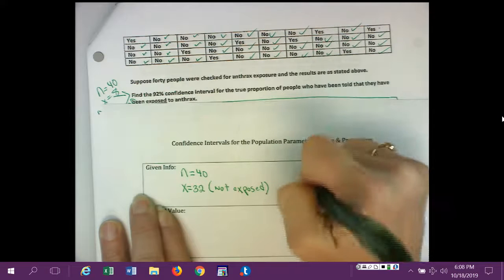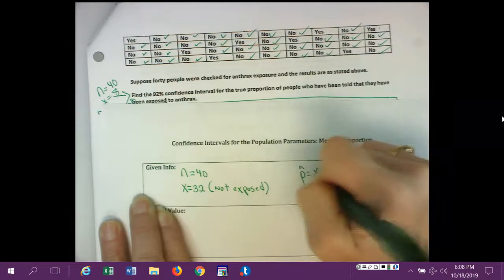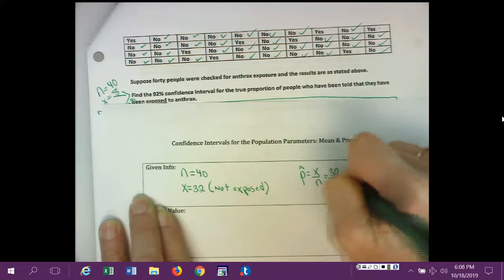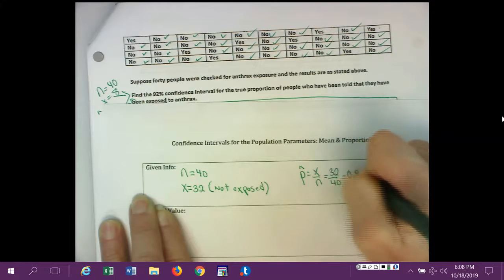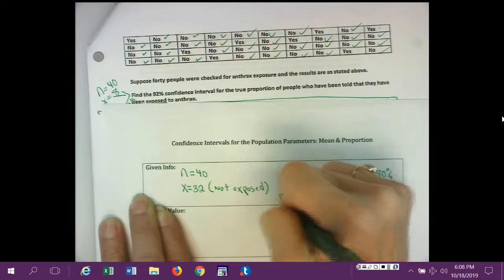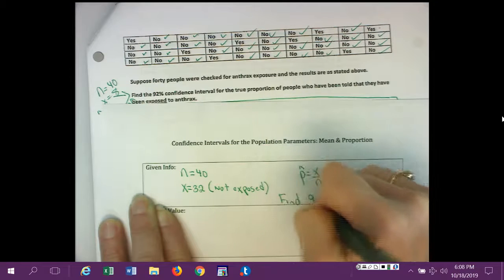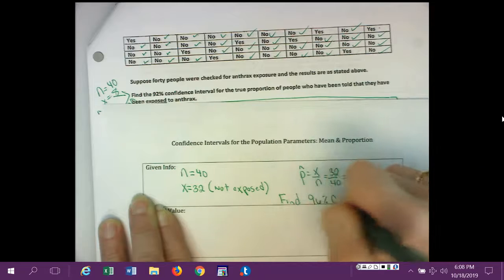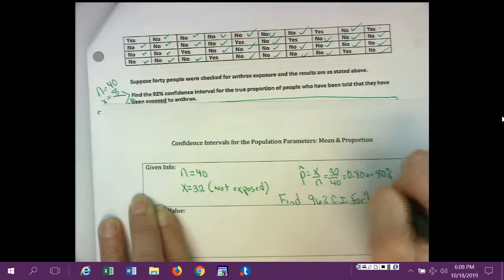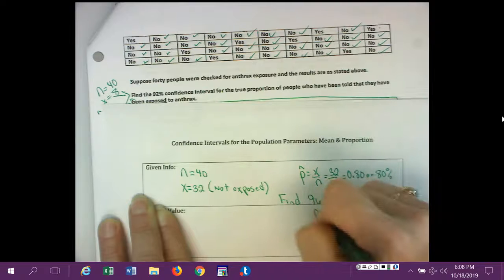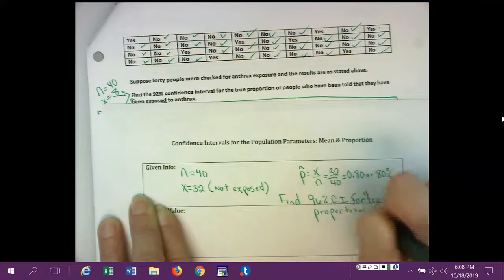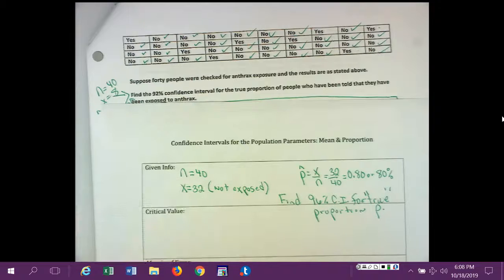And then therefore P hat is 32 out of 40, which is 0.80 or 80%. And we have to find the 96% confidence interval for the true proportion, which is rho. That is our parameter of interest, rho.